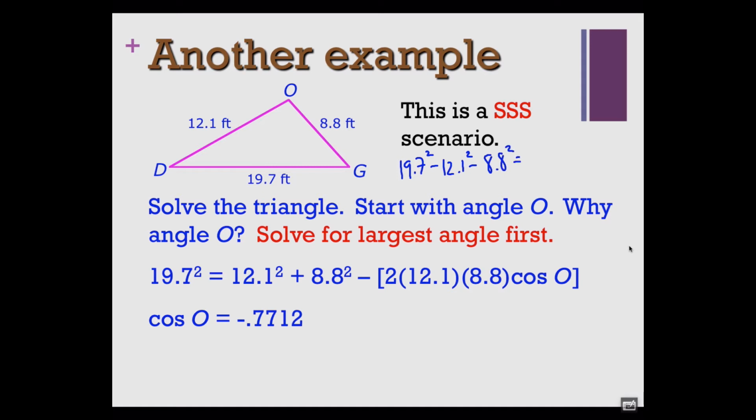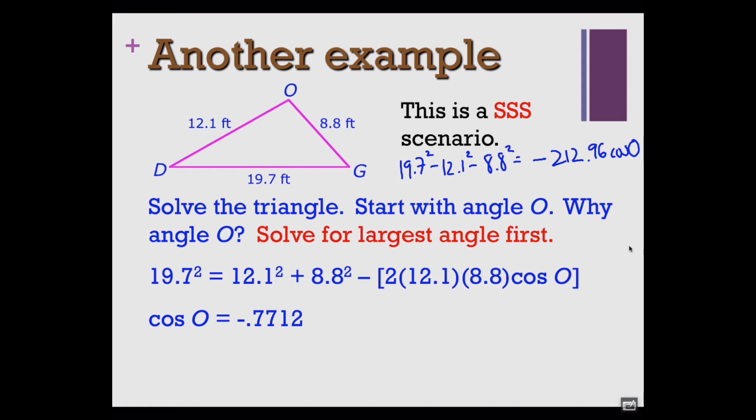That will be equal to the opposite of, somebody tell me what 8.8 times 12.1 times 2 is. 212.96 times the cosine of O. Okay, beautiful.